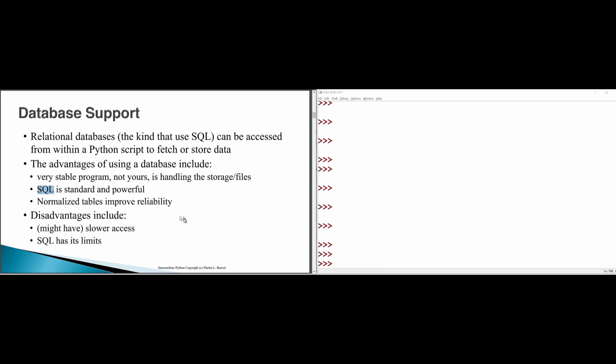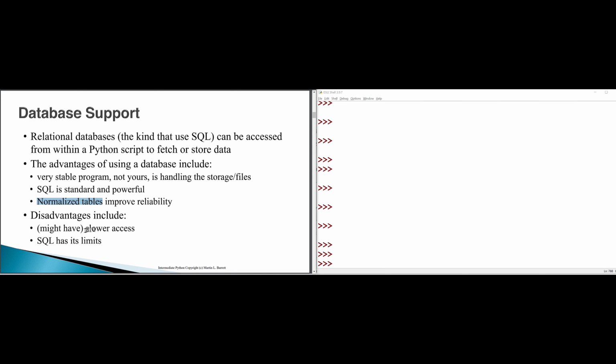SQL itself, as I said, is described as being standard, and it is pretty standard, not 100% identical across all different kinds of relational databases. Using so-called normalized tables, which are tables that don't contain multiple copies of redundant data, improves the reliability of managing the information for your program.